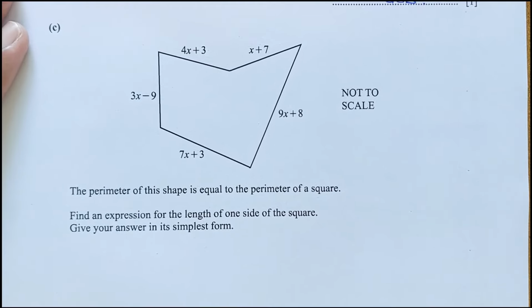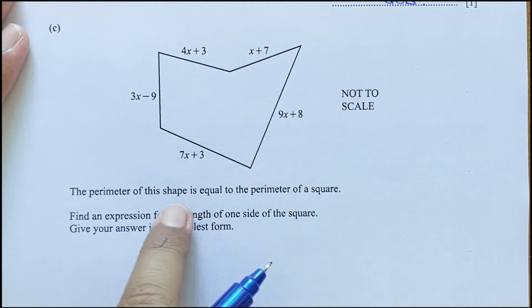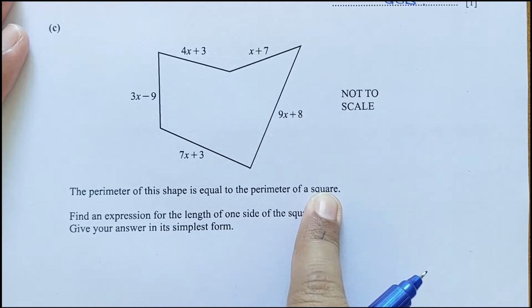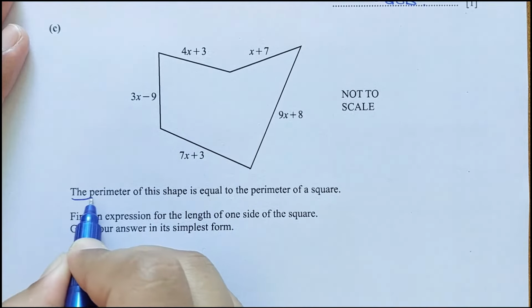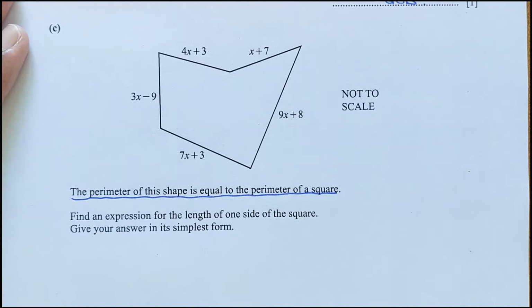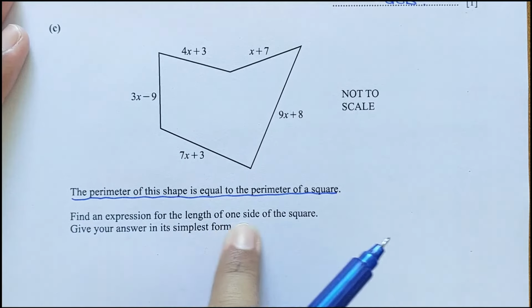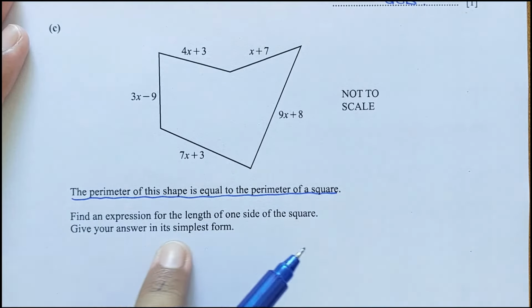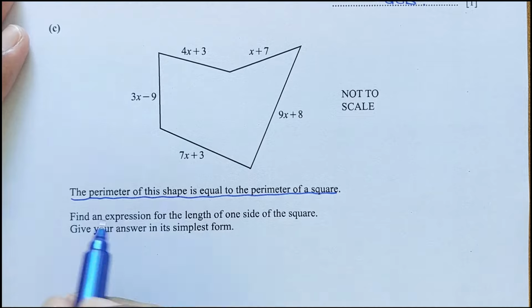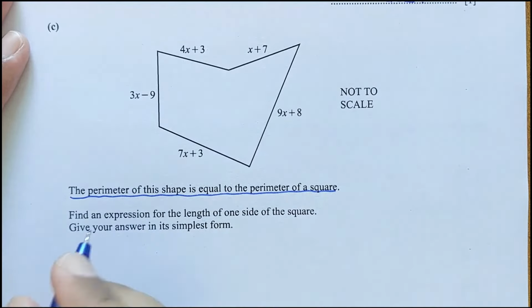Moving to part C. The perimeter of each shape, the perimeter of this shape is equal to the perimeter of a square. Okay, this information we have been given. Find an expression for the length of one side of a square. Give your answer in its simplest form. The perimeter of this shape is basically the sum of all sides.